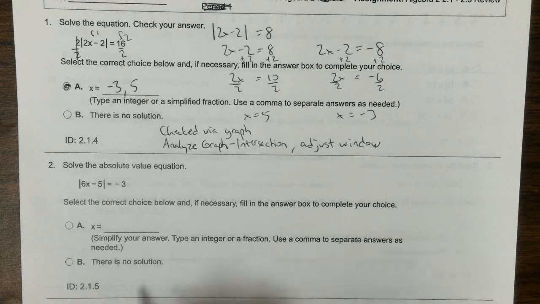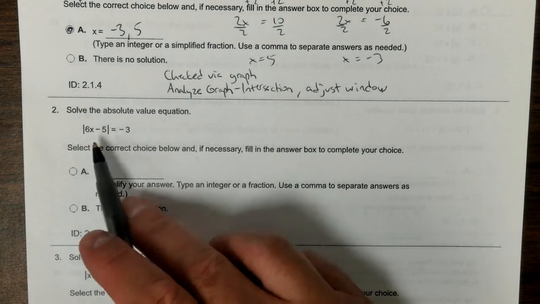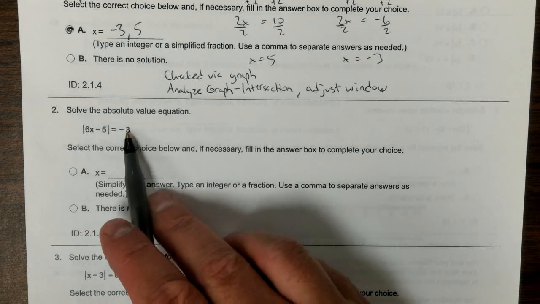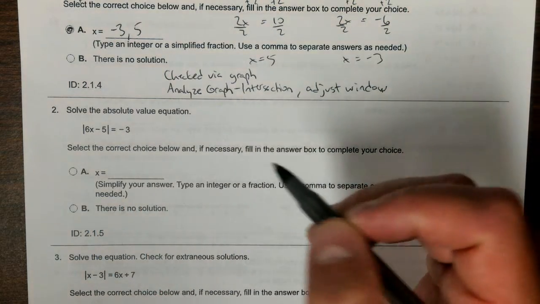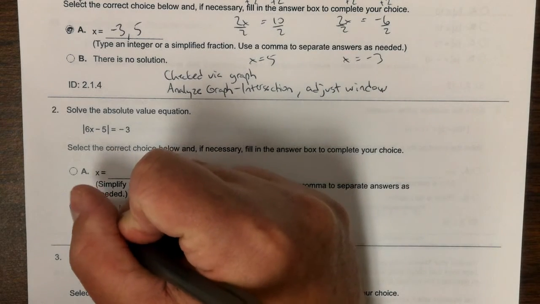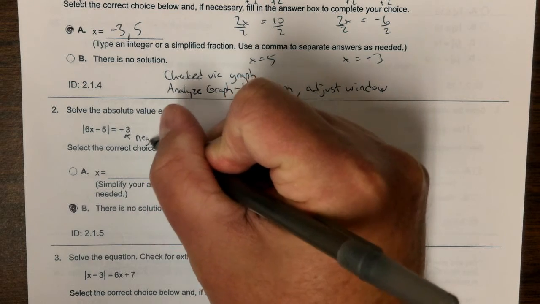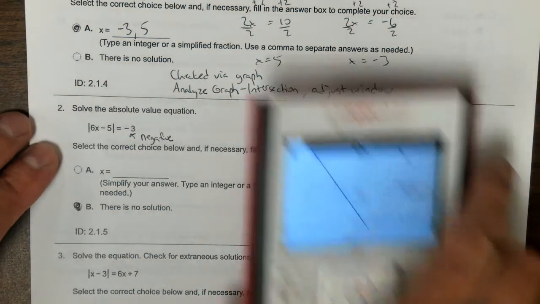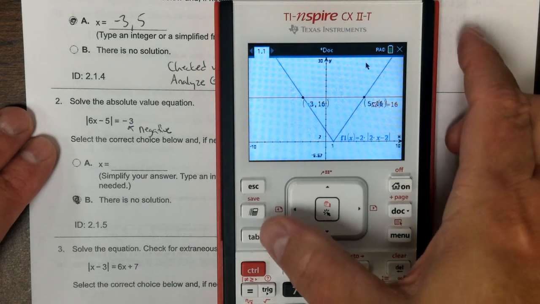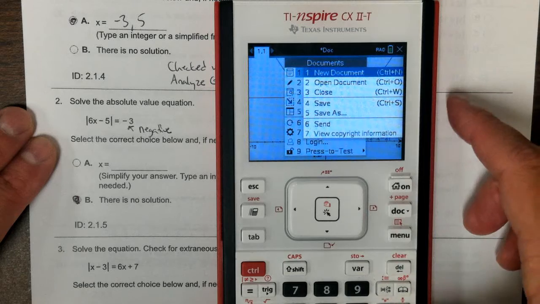Okay, the next one, solve the absolute value equation. You've got an absolute value expression equal to a negative number. So that's going to be no solution since it's negative. And again, you can check it through the graph. So let me start over.